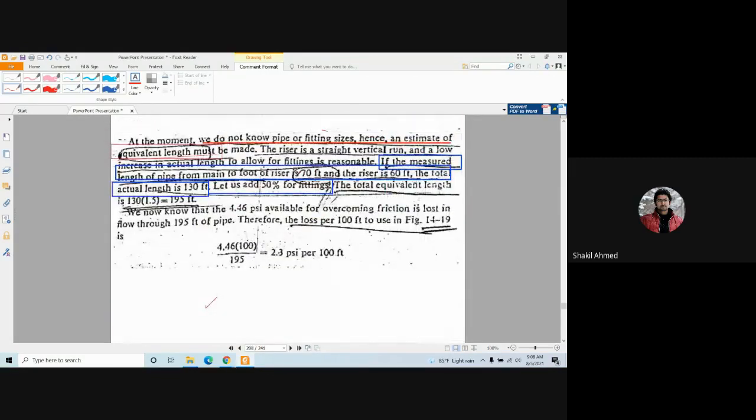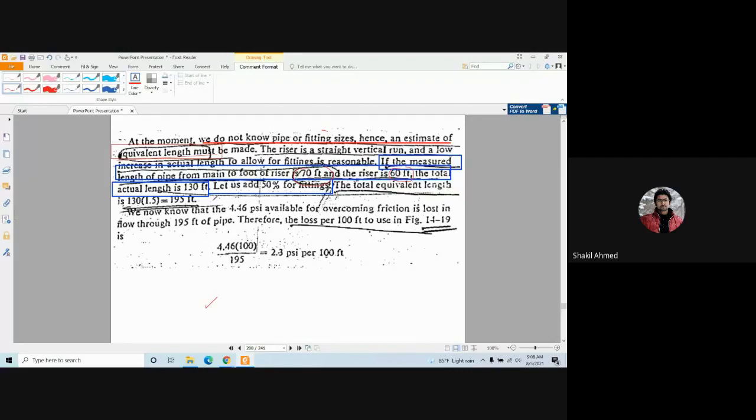So the riser is a straight vertical run, and a low increase in actual length to allow for fitting is reasonable. If the measured length of pipe from main to foot of riser is 70 feet and the riser is 60 feet, then the total actual length is 130 feet.